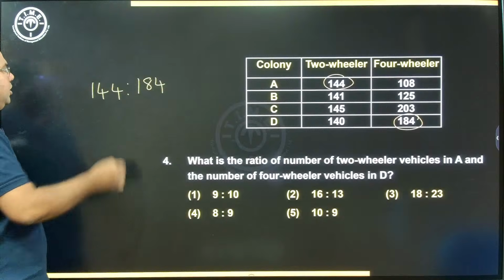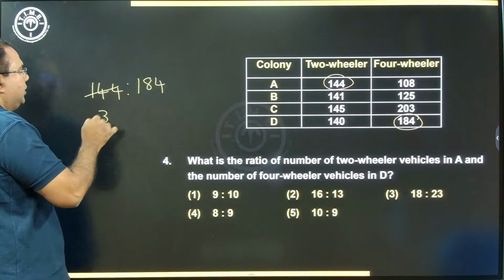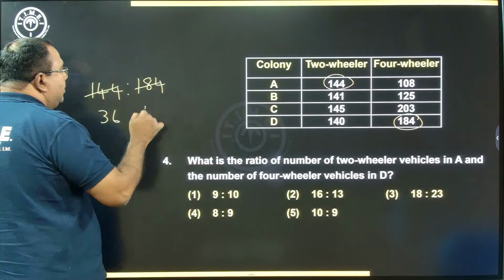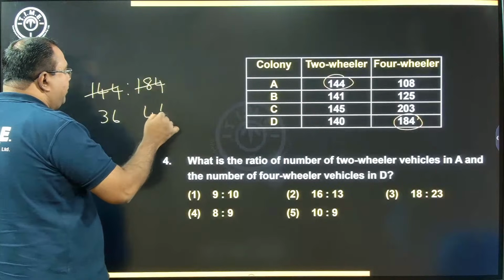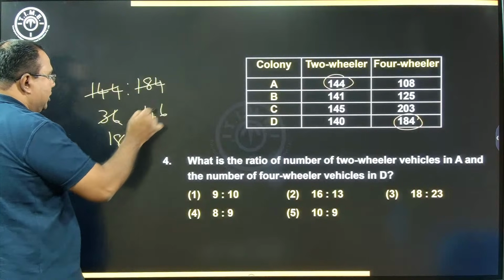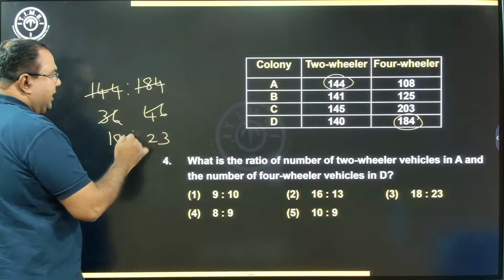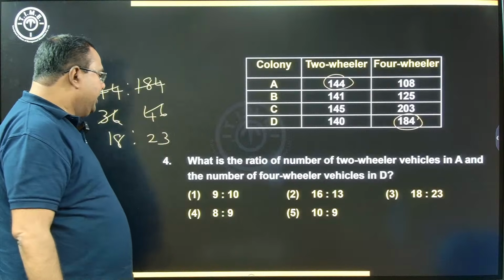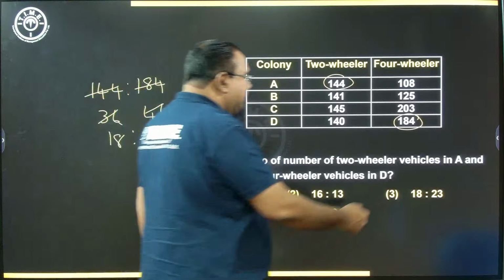Right? So 144 to 184, again two 18s, two 23s. 18 is to 23. 18 is to 23 is present in choice 3.